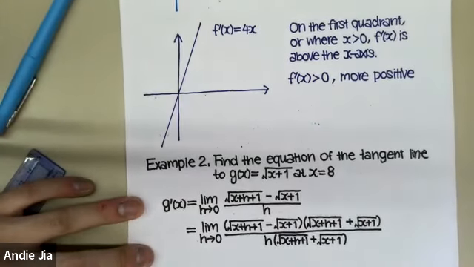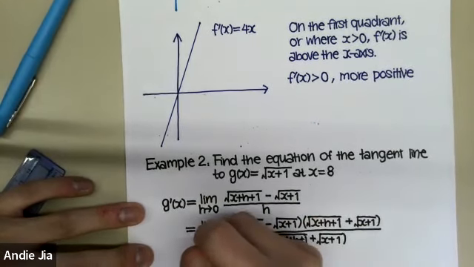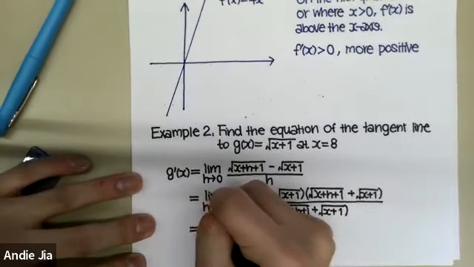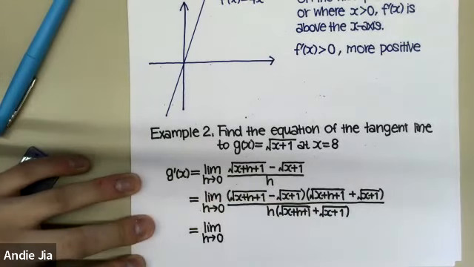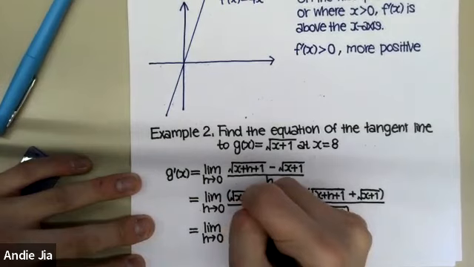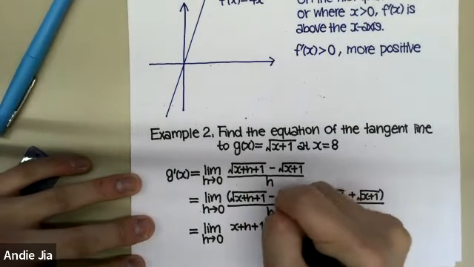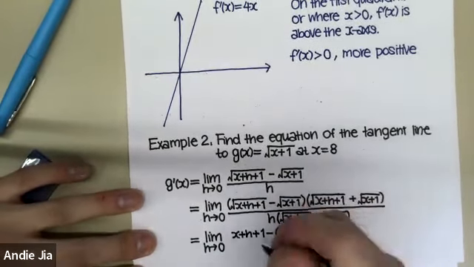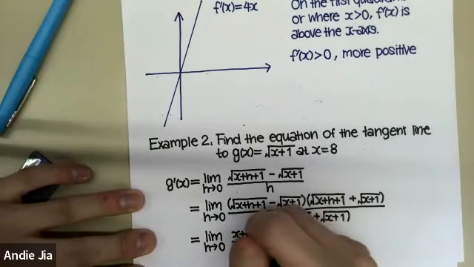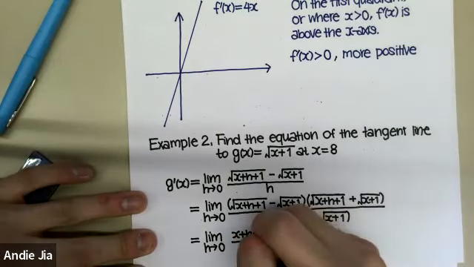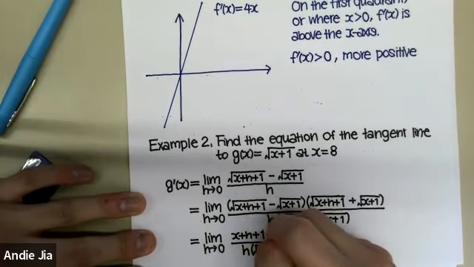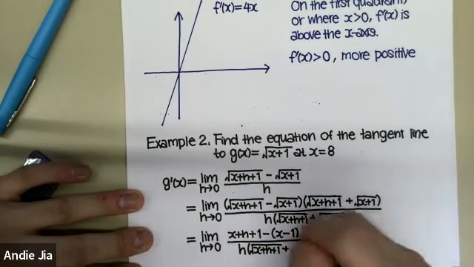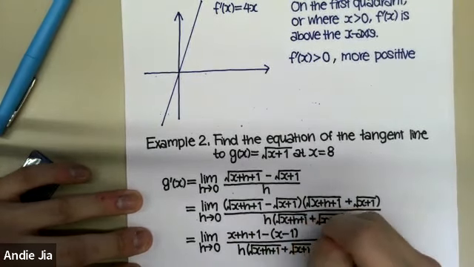So this can be x minus h minus x minus 1. So we have this mess: x plus h plus 1 minus x minus 1, over this mess, h over the radical of x plus h plus 1 plus the radical of x plus 1.